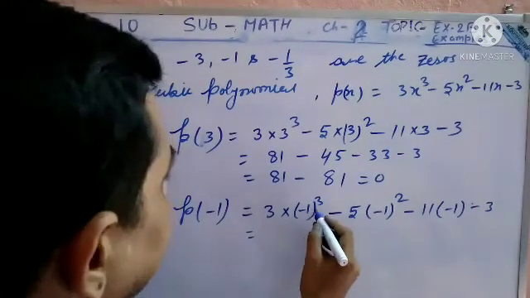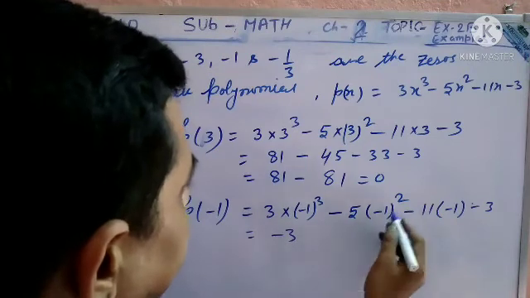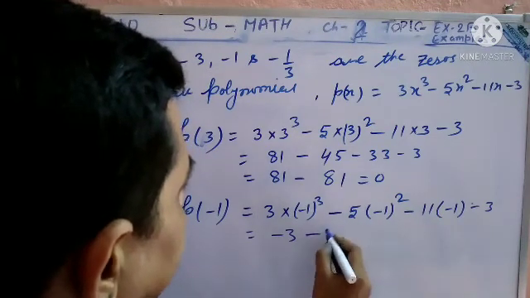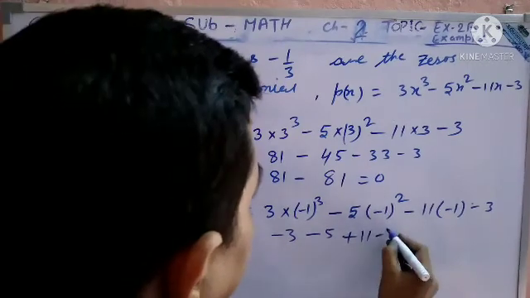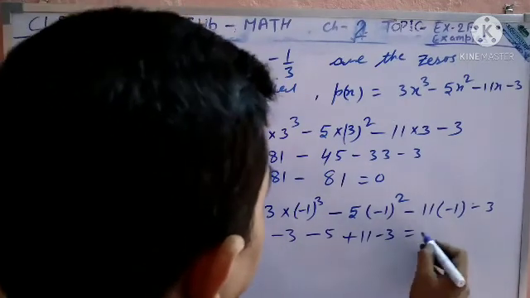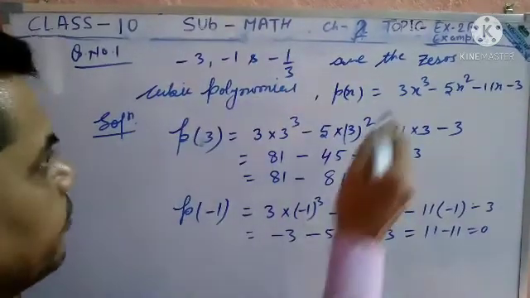So that is minus odd power, so minus 3, and minus 5 is also plus 11 minus 3. So that is 11 minus 11 equal to 0. Also satisfies this polynomial.